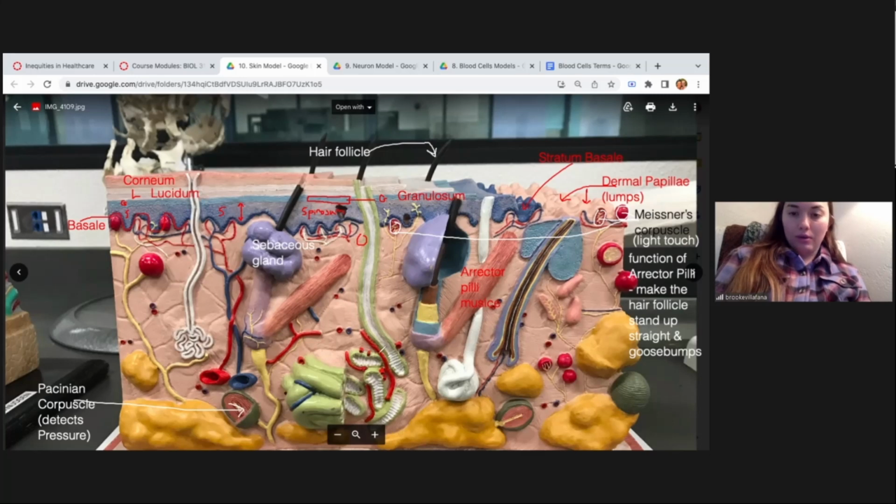We will ask you on the other model to identify the sweat glands, the merocrine and apocrine, which I already showed you on the other model. But sebaceous gland, we could ask you on this model. Does that make sense? Sebaceous gland is very easy. It's always around the hair follicle.